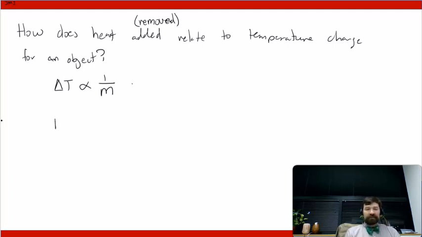Secondly, I would expect that the more heat I add to or remove from a system, the more the temperature is going to change for that system.